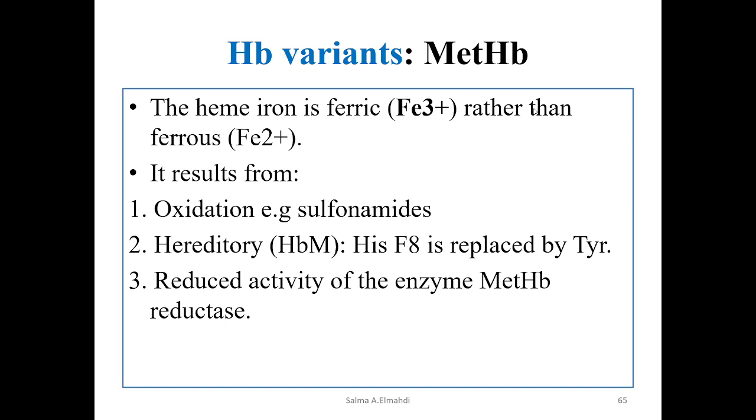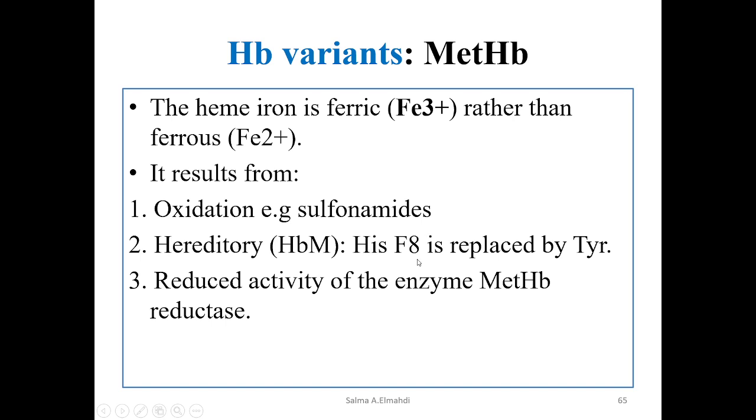One of the hemoglobin variants is methemoglobin, in which the heme iron is ferric instead of ferrous. We said the function of hemoglobin and myoglobin both need iron to be in a ferrous state. However, in this ferric state, it is called methemoglobin. It results from oxidation, for example by oxidizing drugs such as sulfonamides. It can be hereditary, as in hemoglobin M, in which histidine is replaced by tyrosine.